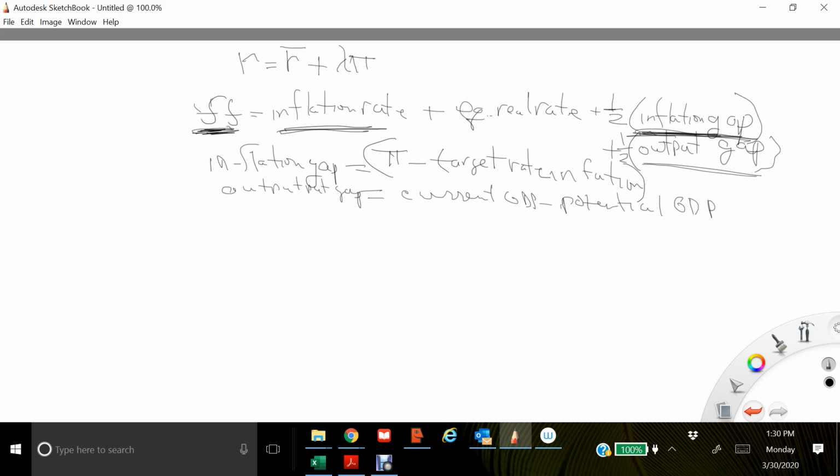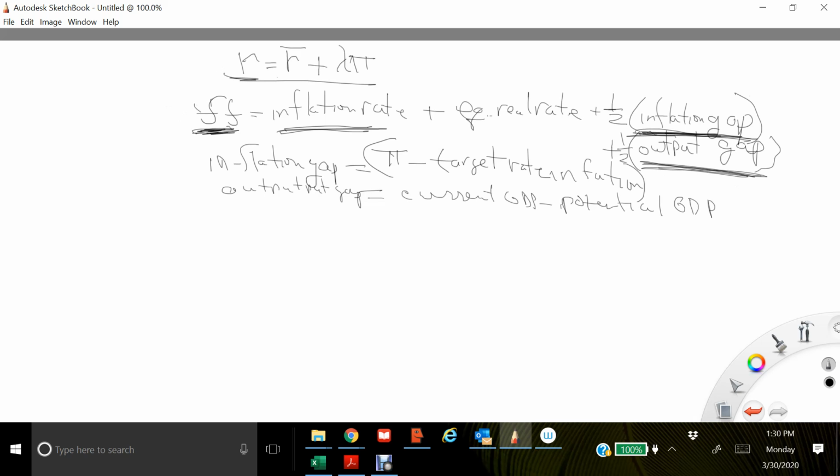Similarly, if aggregate demand is greater than the current potential output, to slow that down, you raise interest rates.